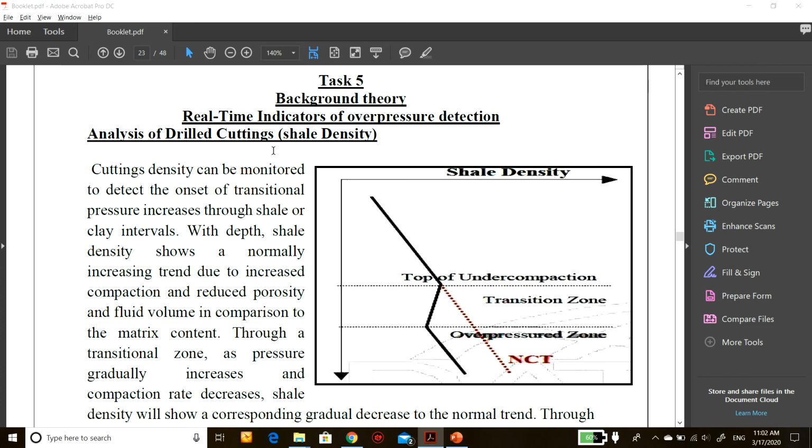So this zone will be overpressured, but the density of the shale cuttings will be lower than the normal trend. So we will see a transitional zone and an overpressure zone, which may be lower than that normal trend.